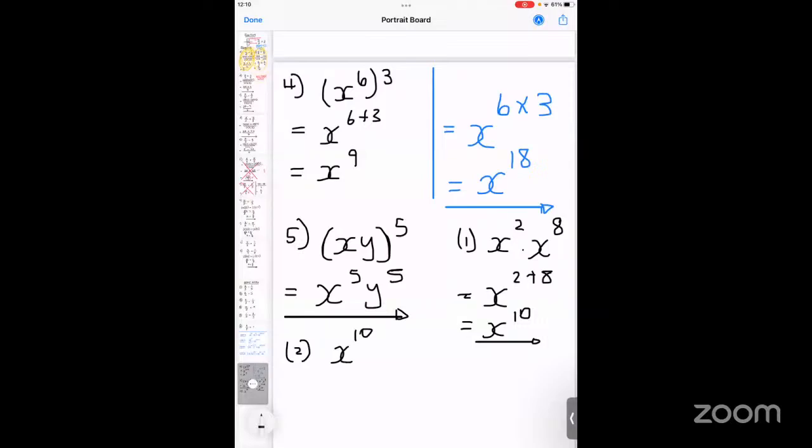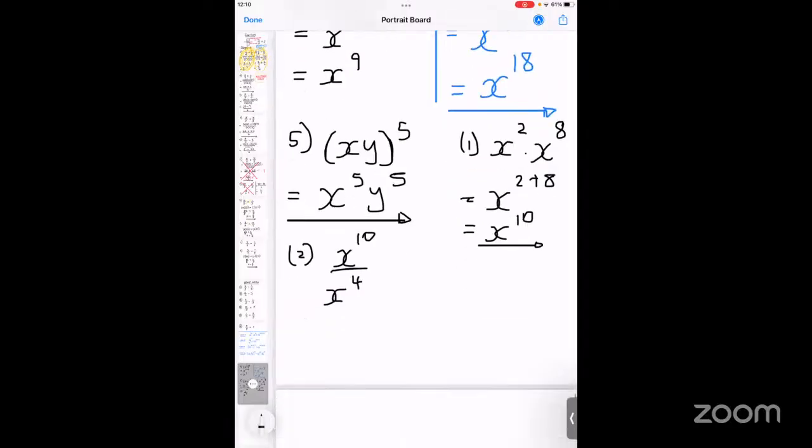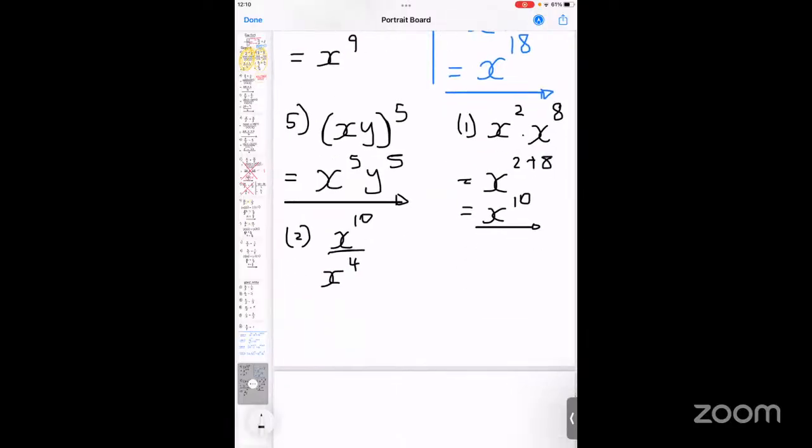What if we have this, Manahil? How would you work it out? The first step is that you'll say x to the power of 10 minus 4, which gives us x to the power of 6.